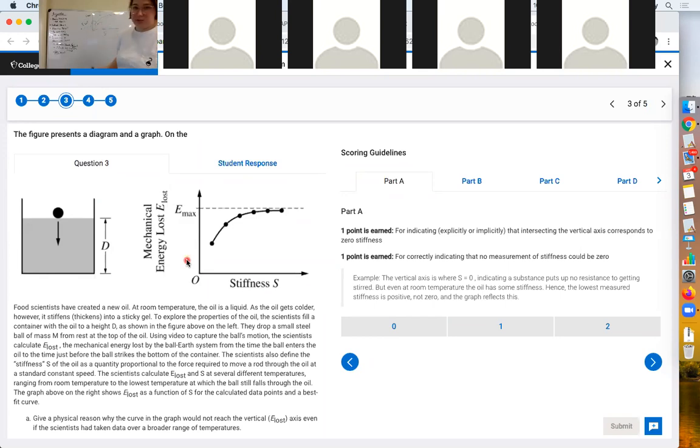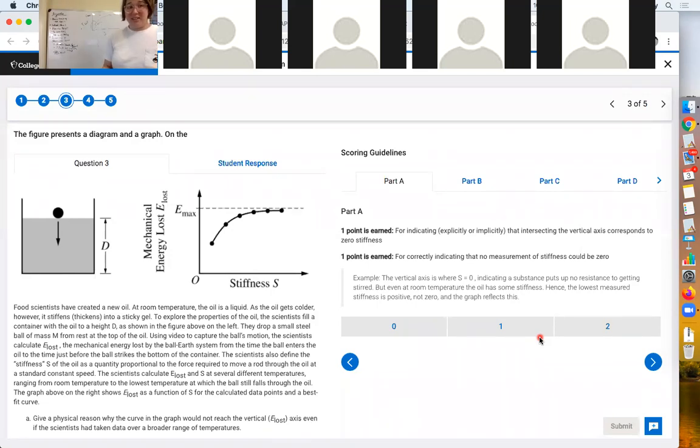Why won't it touch? So it says the physical reason, and what I was thinking of is that it would pretty much say that the oil has no thickness, and in order for that to happen, the oil would pretty much not have to be there. Yeah, and that's pretty much all they're saying, is that if the stiffness of the oil is 0, which it can't be, that means that the oil doesn't exist.